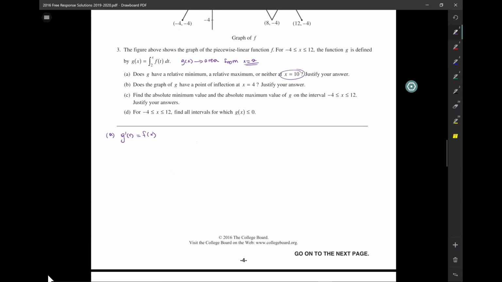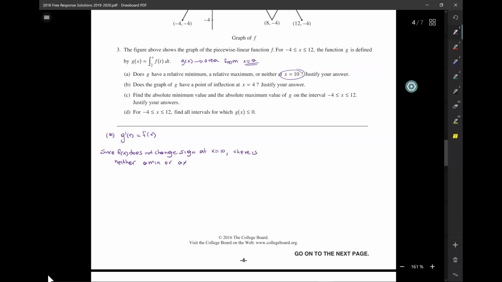So since f of x does not change sign at x equals 10, there is neither a minimum nor a maximum. Okay? You guys get the idea?